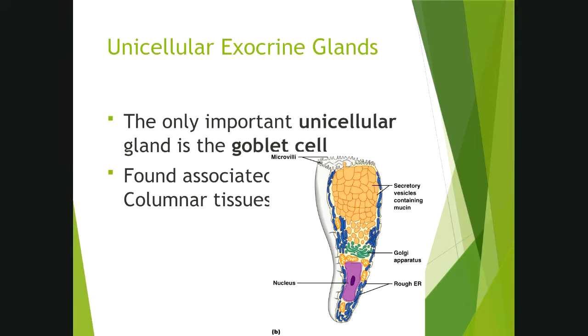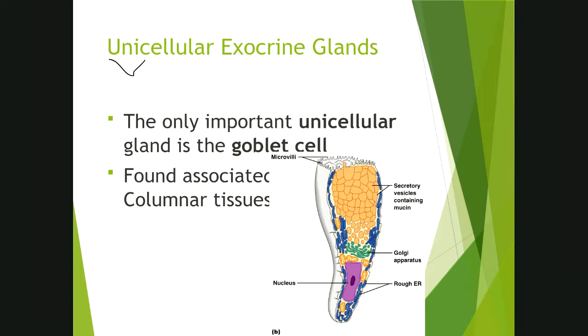Another way to classify glands is to look and see how many cells compose the gland, the number of cells. And there are only two choices. The two choices are one or more than one. So we have some glands that are one cell.